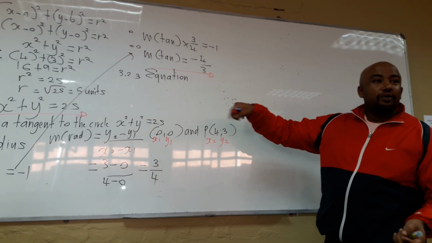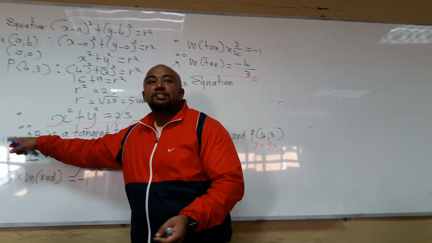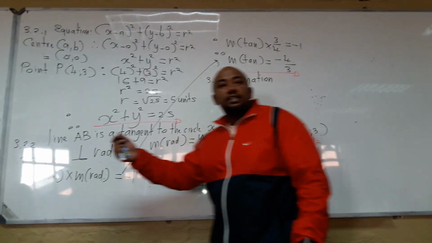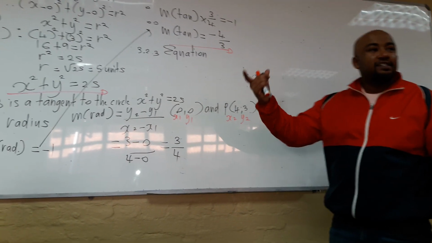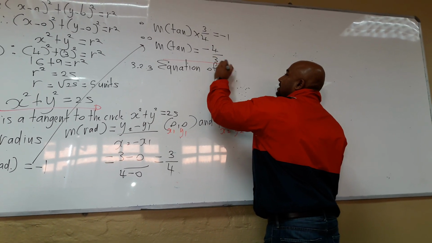So we want to find the equation of the tangent. The tangent is just a straight line. So in other words, we are finding the equation of a straight line. How do we find the equation of the straight line?